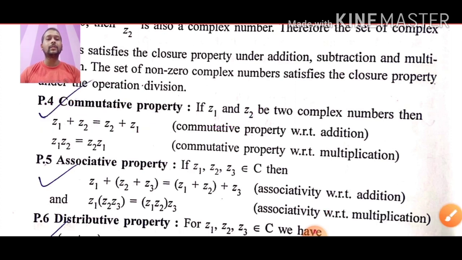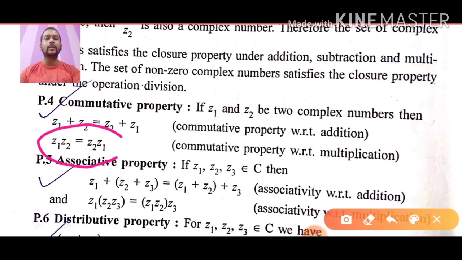For multiplication also it will hold, z1 into z2 is equal to z2 into z1. There are questions given in the exercise. You might be asked to prove it also, so you can prove it.